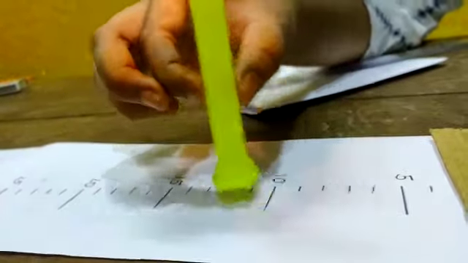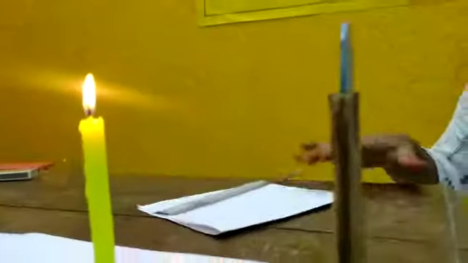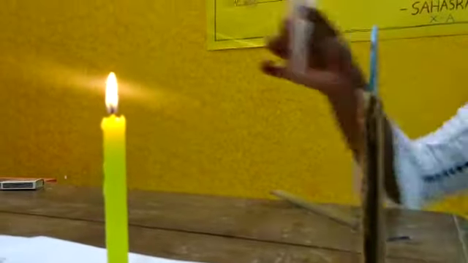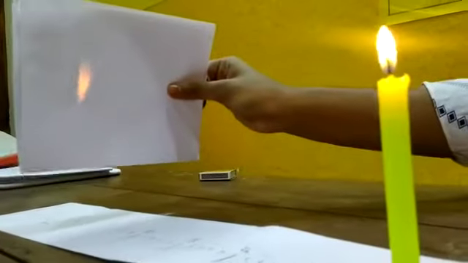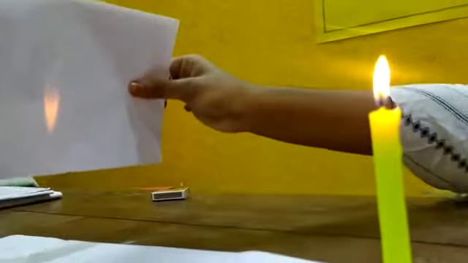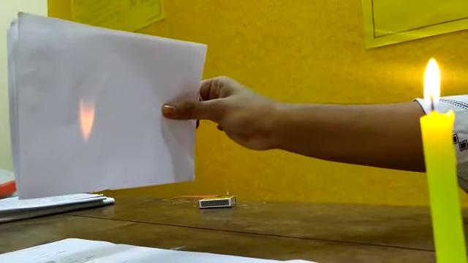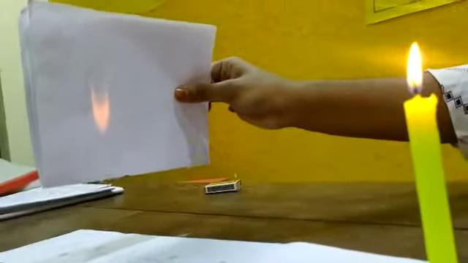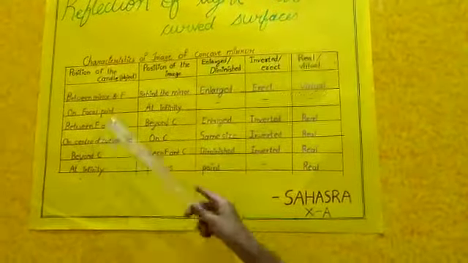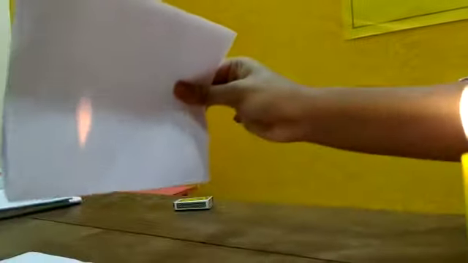So the image will be formed beyond C. As you can see here, you got a sharp image and you got an enlarged image, right? All can see that you got an enlarged image. So when the object is between F and C, we get an enlarged, inverted and real image.